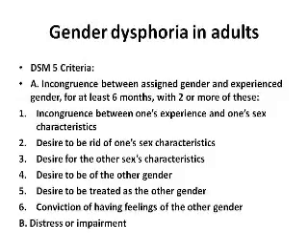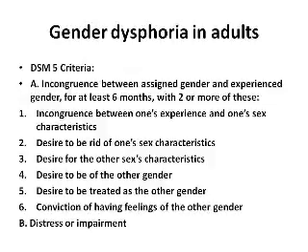And then again, we have an incongruence between one's experienced sex and one's sexual characteristics. Desire to be rid of one's sex characteristics, a desire for the other sex characteristics. So if you're a man and you have this disorder, you say, oh, I wish I didn't have a penis, and I wish I was given a vagina.